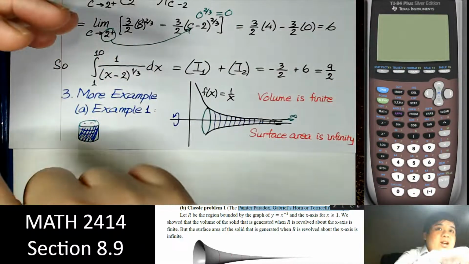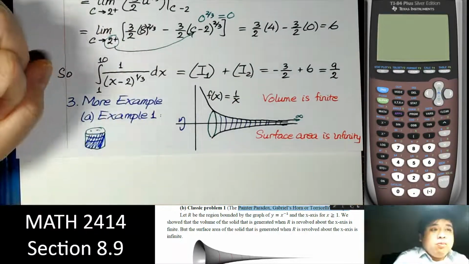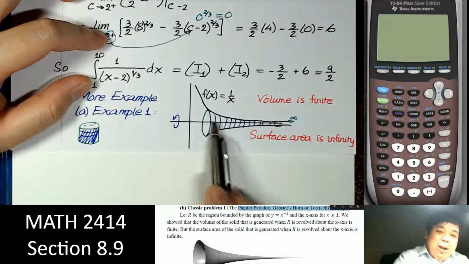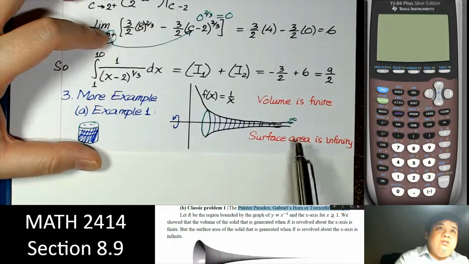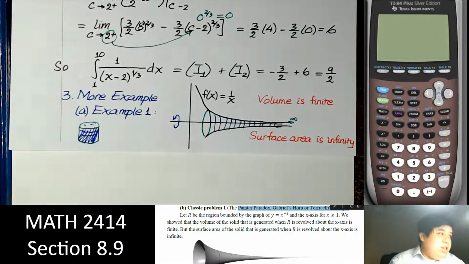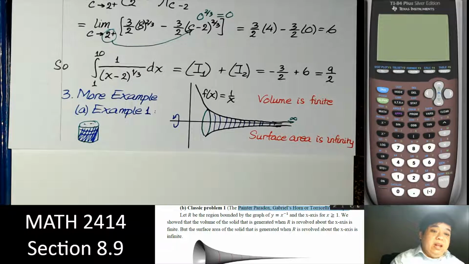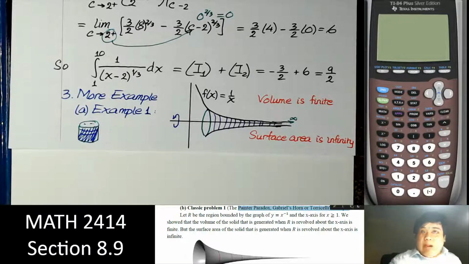The paint inside will be a lot more than needed to cover the surface around. But not on this one. On this one, the paint inside is finite, and that is not enough to cover the surface area. So that's why this has the name of the Painter's paradox, where we can show that the volume is finite, but the surface area is infinity. So the paint inside is not enough to paint the surface. Therefore, that is the paradox.